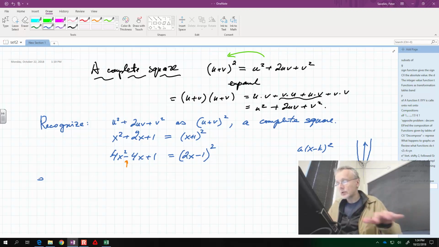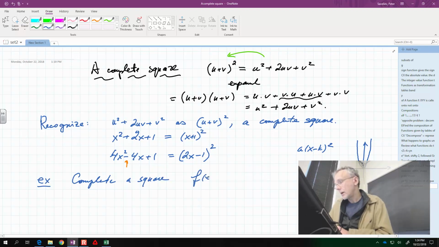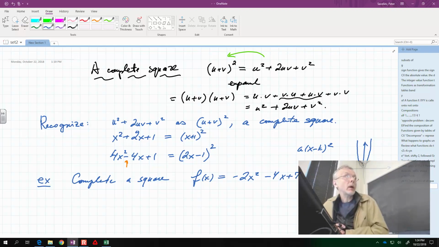So let me just do one example. Suppose we complete a square: f of x is equal to negative 2x squared minus 4x plus 7. One way is just to isolate x. In contrast to the last example, when we just looked at 4x squared and realized it's (2x) squared.